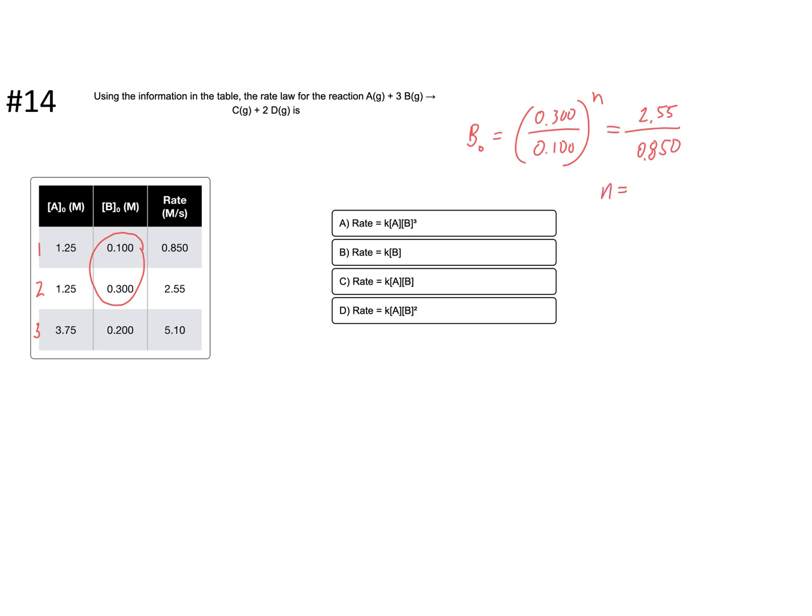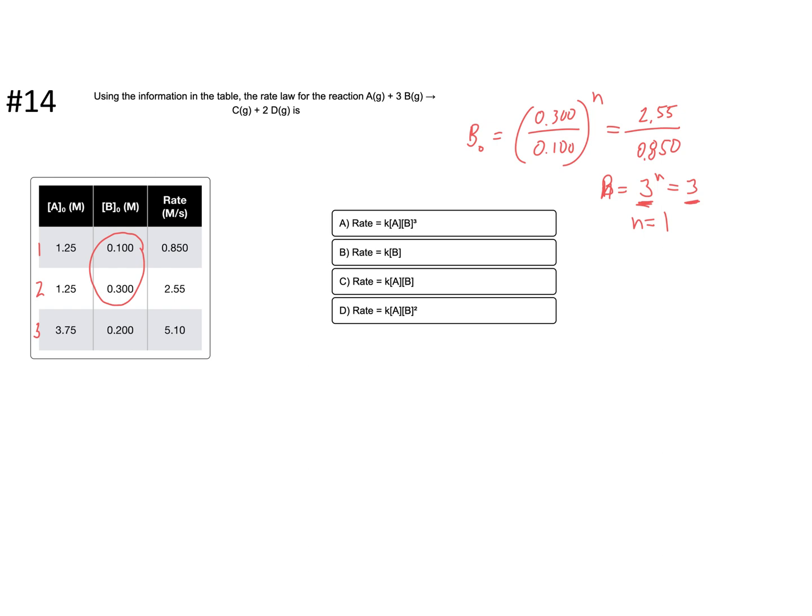So I divide those through, and for B, I get 3 to the n equals 3. So n equals 1. So that's a first order reaction with respect to B. A first order reaction means if concentration doubles, the rate doubles. Or in this case, the concentration triples, the rate of the reaction triples.